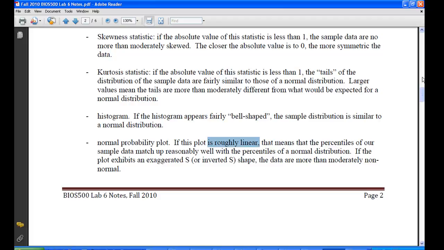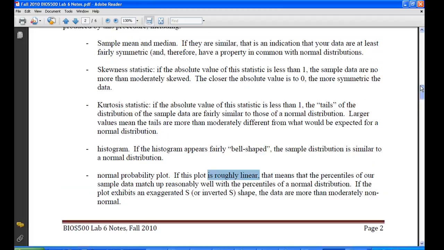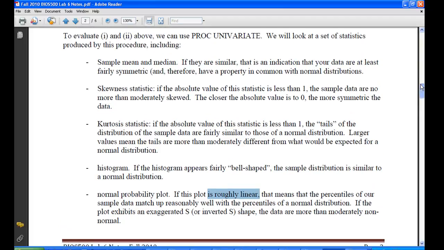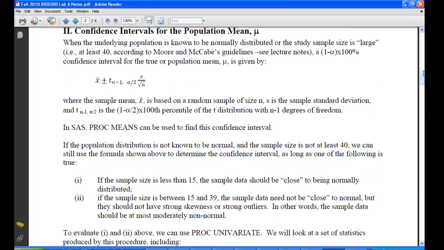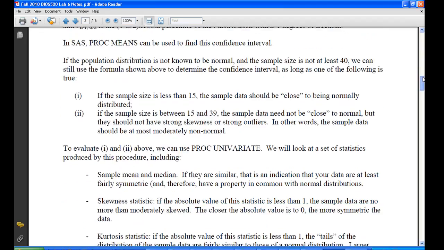What you need to do with all these pieces of information, folks, is to look at them all and decide where the burden of the evidence lies. If just about all the pieces of information are pointing in the direction of grossly non-normal data, that is, more than moderately non-normal, then you probably don't want to use the t-distribution based methods for calculating confidence intervals that we're talking about on this page if you have a sample size less than 40, which is the only situation in which you need to worry about these other issues.